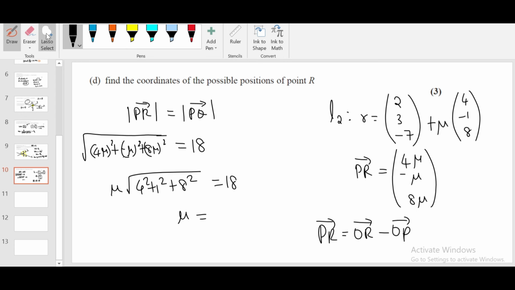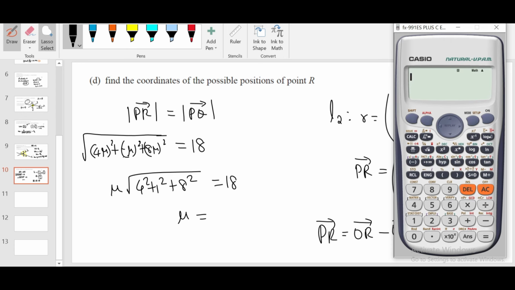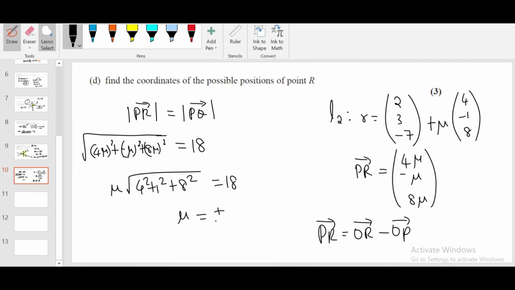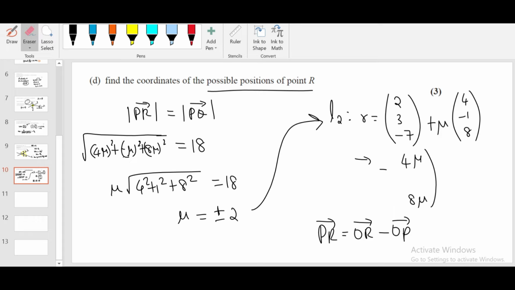Divide by this square root. 18 divided by square root of 4 square plus 1 square plus 8 square is plus or minus 2. We take plus or minus here to find the two possible positions of R. So sub in these values into the straight line, you will get two possible positions of the vector R.